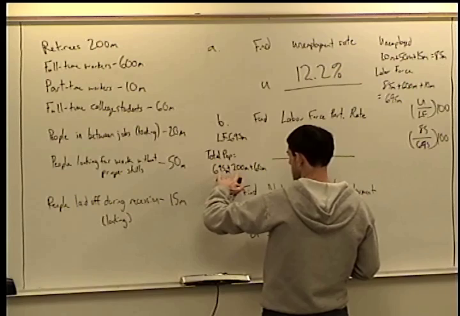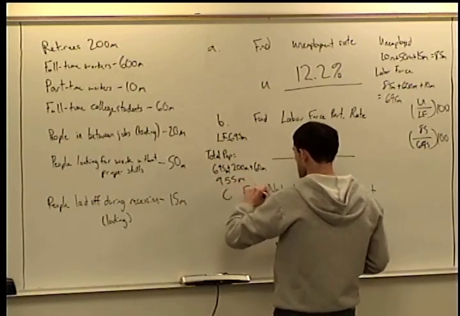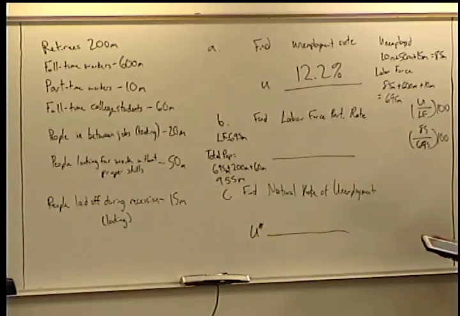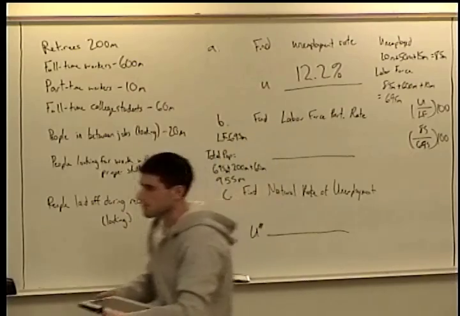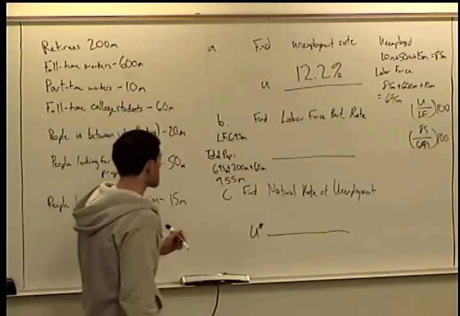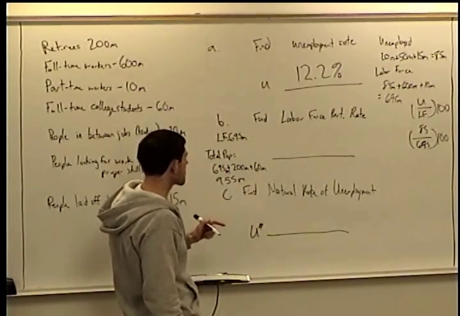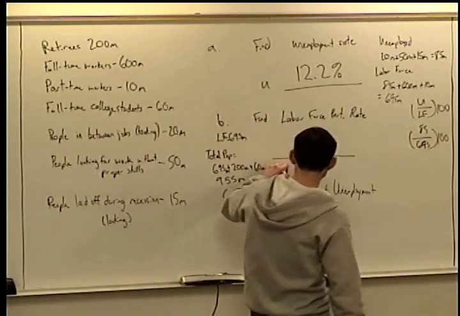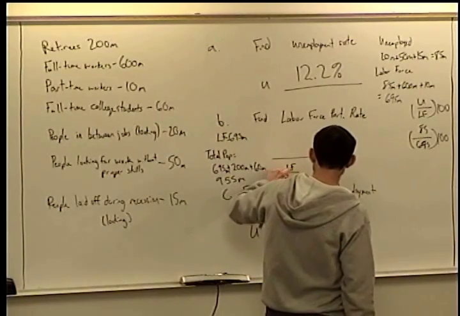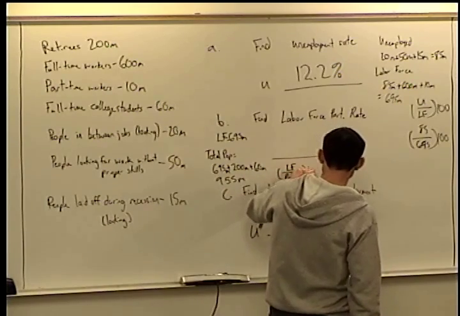955. So we have an entire adult population of 955 million people. And to find the labor force participation rate, we take the labor force divided by the total population times 100. So that's going to be equal to the labor force over the adult population times 100.